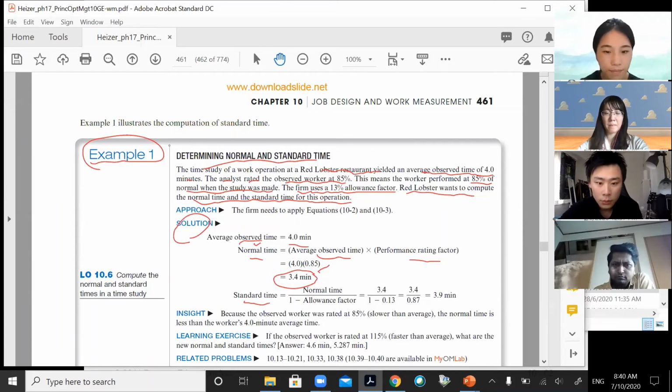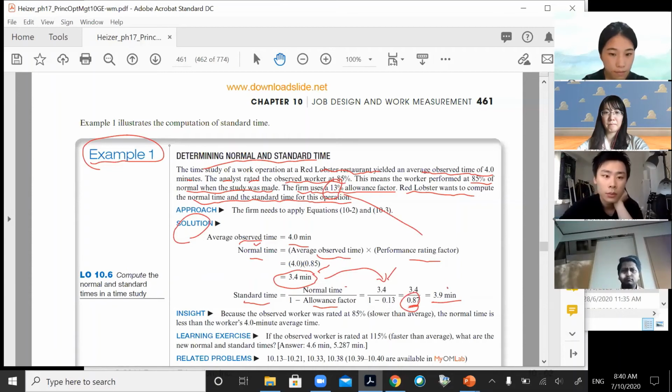The allowance factor is here, 13%. So 3.4 divided by 1 minus 0.13. If you open your calculator and punch in 3.4 divided by 0.87, you get 3.9 minutes. That's why I said you are giving allowance. The higher the allowance, this will increase.